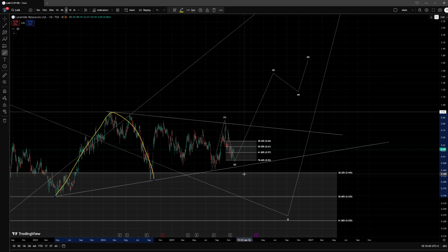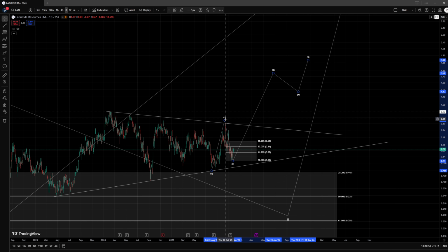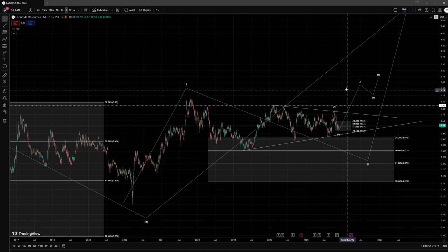So if we form lower lows instead of continuing in this sideways pattern of higher lows and lower highs, it will be quite a good signal that we should maybe consider an exit strategy, because the risk would be increasing. And for now, these are the levels.